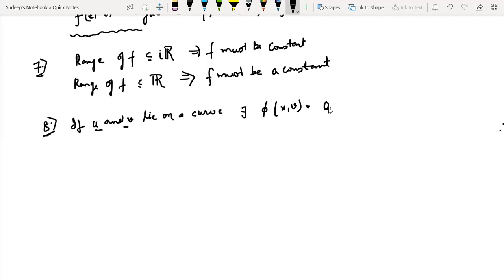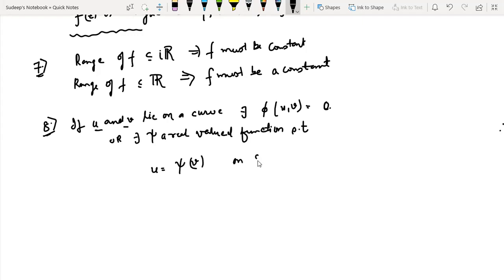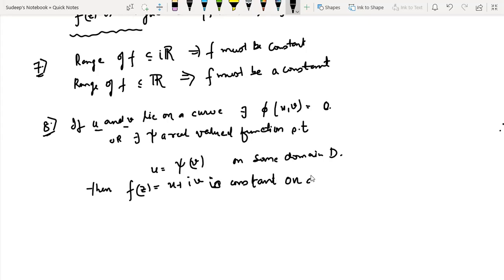Whether I write it as a constant or zero, if there exists some functional relationship between u and v, or in other words, there exists some psi, a real valued function, such that u is equal to psi of v on some domain D, then f(z) equal to u plus iota v is constant on domain D.